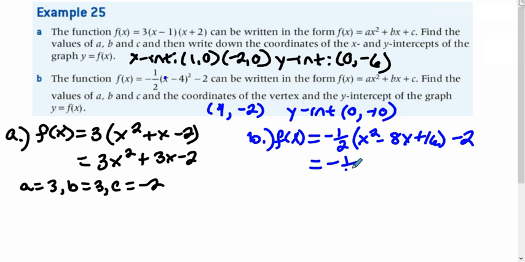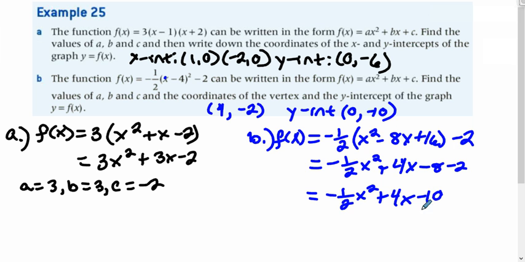Send through that negative a half, so negative a half x squared plus 4x minus 8 minus 2, which is negative a half x squared plus 4x minus 10. Double check, we found our y-intercept. It is the same. So my a is negative a half, my b is 4, and my c is negative 10. So again, just being comfortable rewriting it from any form.